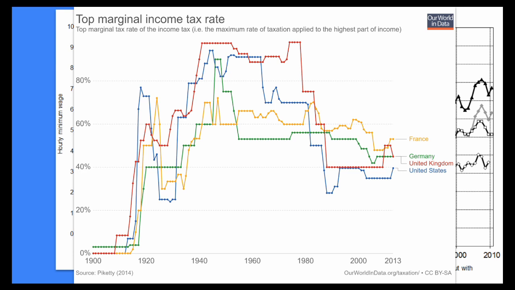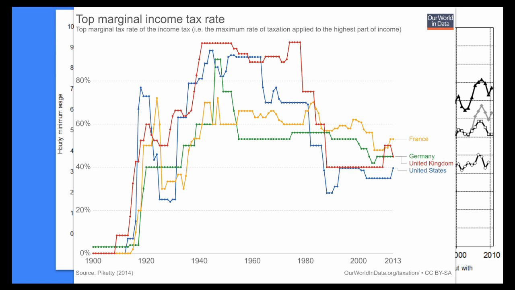And you see similar rates in other parts of the world. The United States has that rate at almost 90% for a good part of that period. In France, the rate may not have been as high, but 60% is still very high compared to what's going on in countries today. And in Germany, that rate was close to around 50 or above 50% as well.